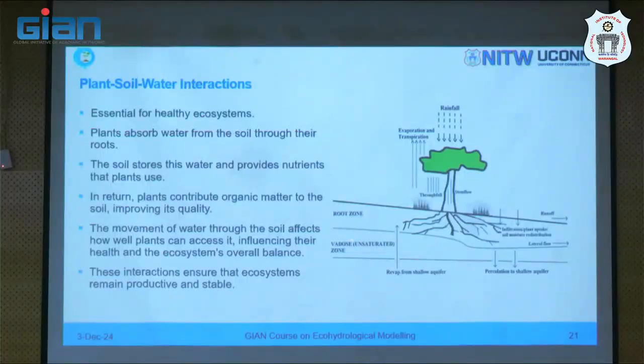Excess will get into the vadose zone or unsaturated zone, and then further excess will get to the shallow and then further to the deep aquifer. Understanding these interactions, plant and water and soil interaction, is very important, and we will get to see some of those numbers as you get into the SWAT modeling.